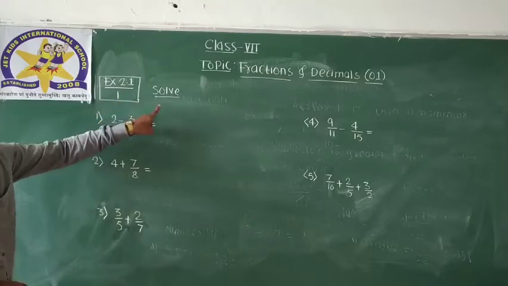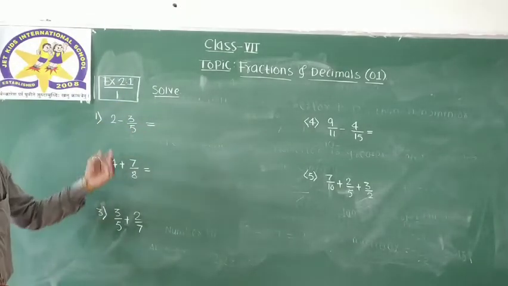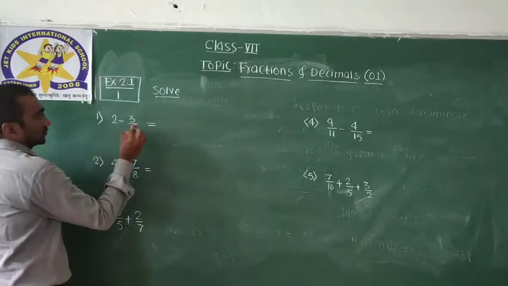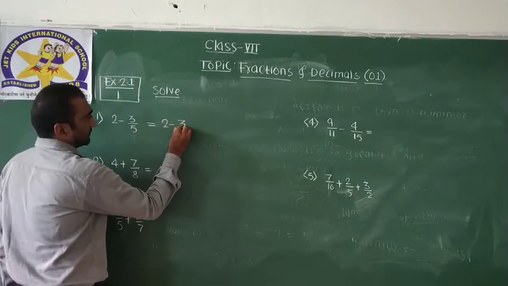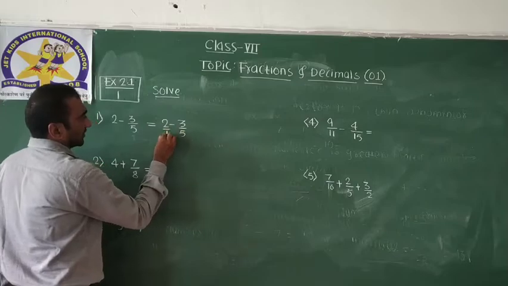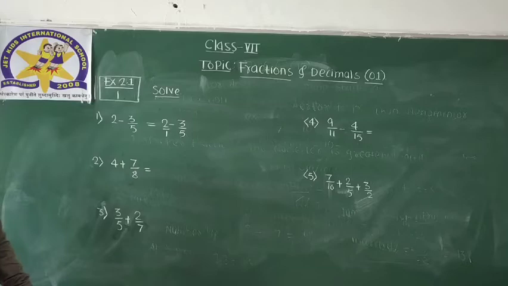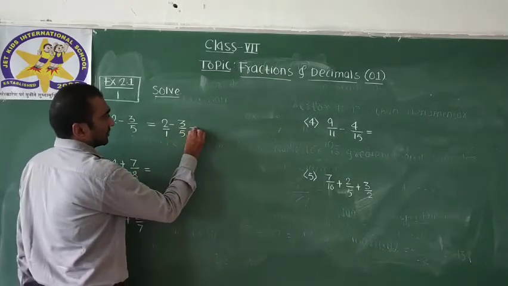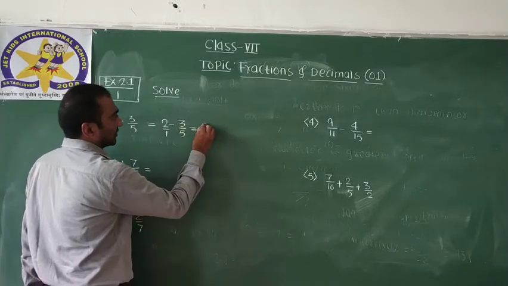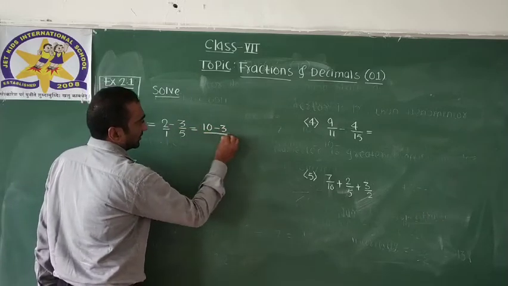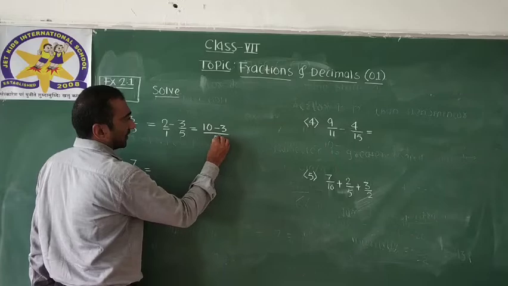First question. Solve. First question is 2 minus 3 by 5. Now this 2 can be written as 2 divided by 1. After that we can make cross multiplication. 5 into 2, 10. 1 into minus 3, divided by 1 into 5, 5.